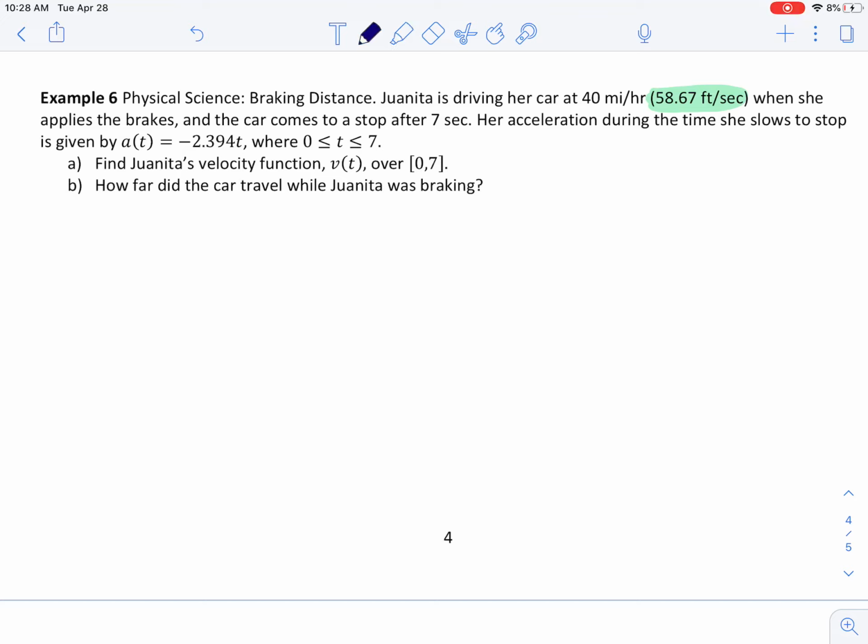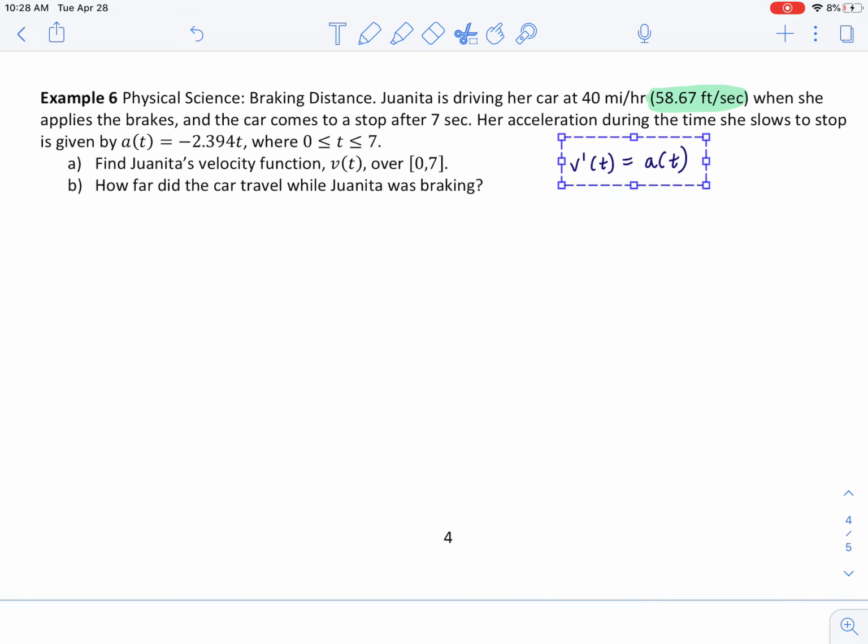Her acceleration, remember guys, when we have the distance function, d of t, we take the distance function's derivative, and guess what that was? That was the velocity function, right? And then if you take the velocity function and find the derivative of that, that is the acceleration function.